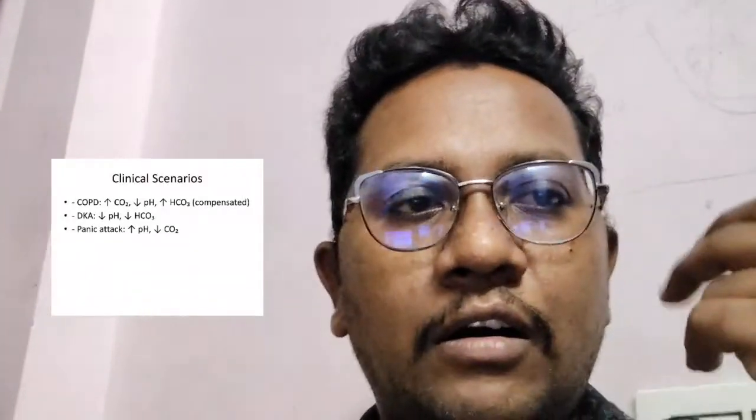Okay, and in a few conditions, ABG will also be altered. The common ABG scenarios: in COPD cases, obviously there will be CO2 retention in their body. So the CO2 will be built up in their body, and in the ABG the CO2 will be high.